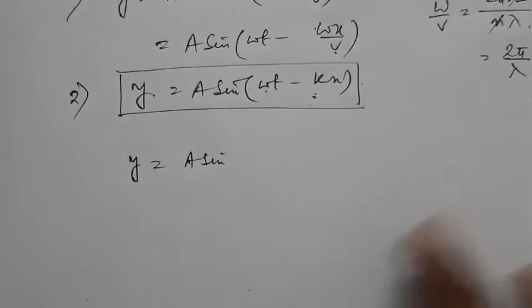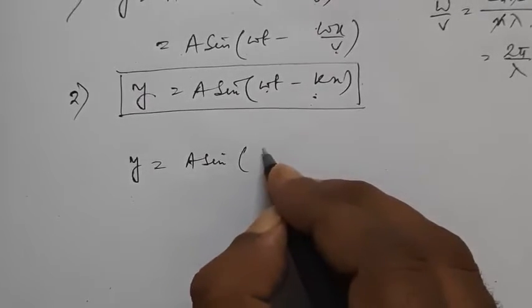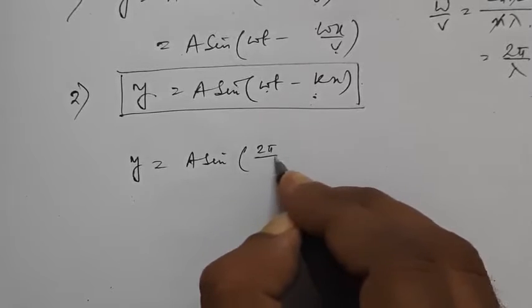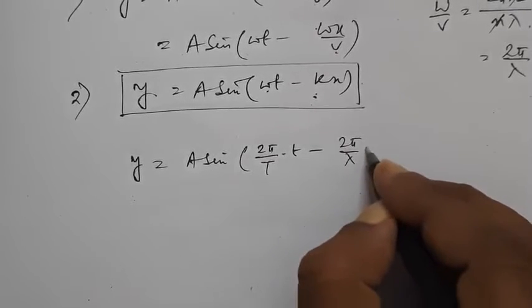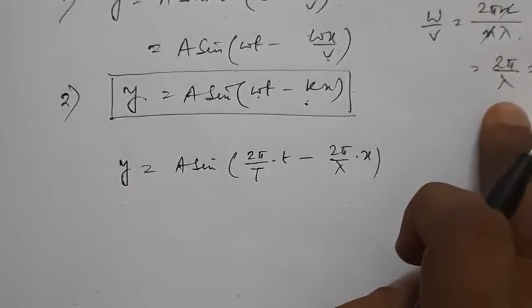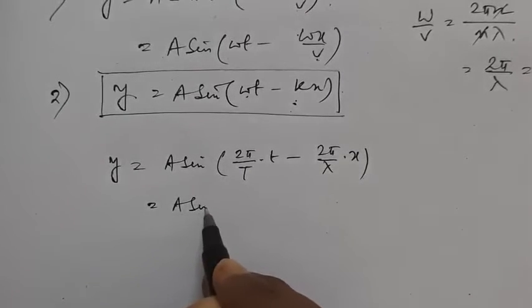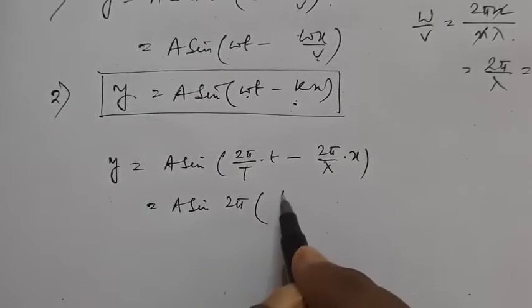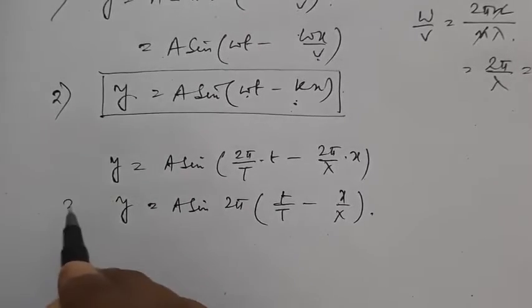Now we can write omega as 2 pi by T into t, minus k is equal to 2 pi by lambda into x. The value of k was 2 pi by lambda. Now we take 2 pi common, so t by T minus x by lambda. So this is the third form.